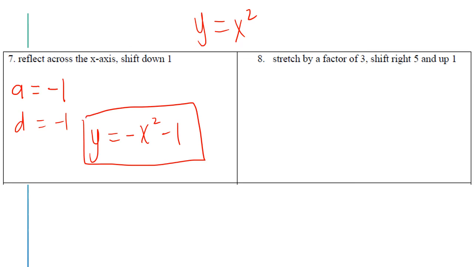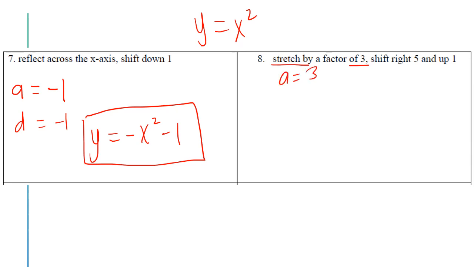Let's do number 8 together. Stretch by a factor of 3, shift right 5, and up 1. The fact that it's stretching by 3 lets me know that this is a vertical stretch by a factor of 3. So A equals 3.